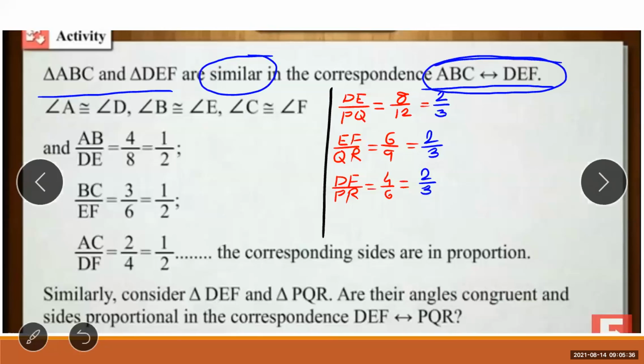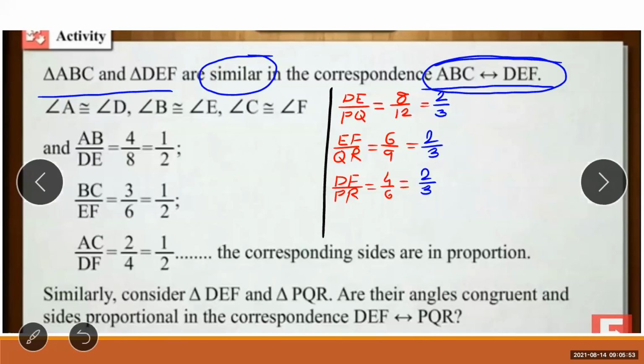Correspondence means what? A pairing of each vertex of one triangle with one and only one vertex of the other triangle.